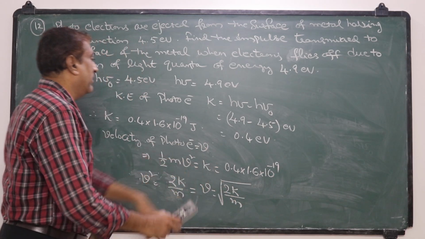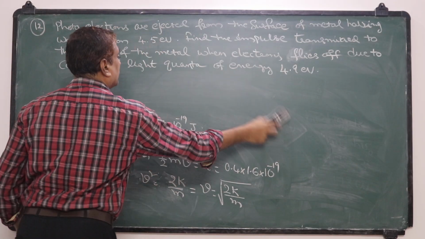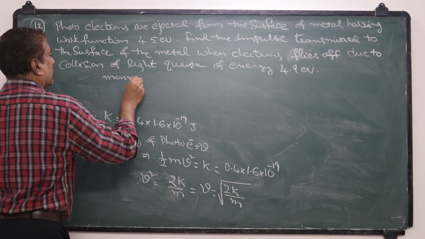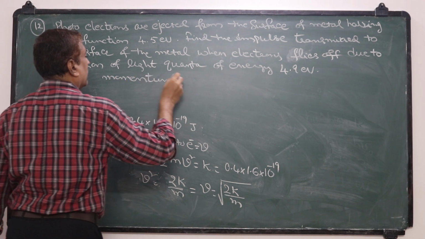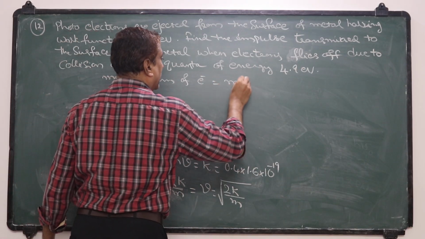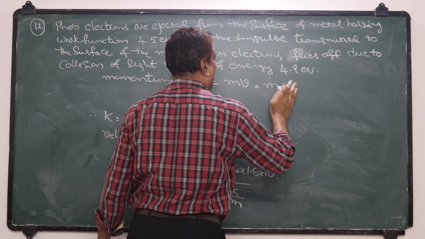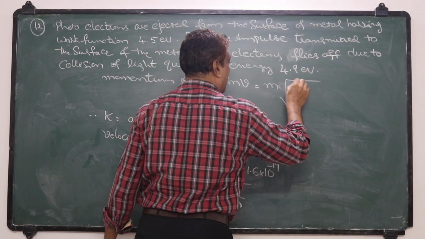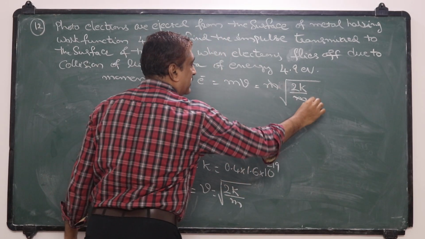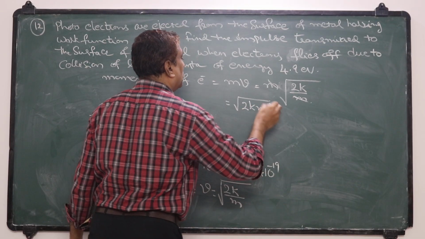Now the momentum of the electron is equal to mv, that is m into v, where v is the square root of 2K by m. Cancelling, this is equal to the square root of 2Km.